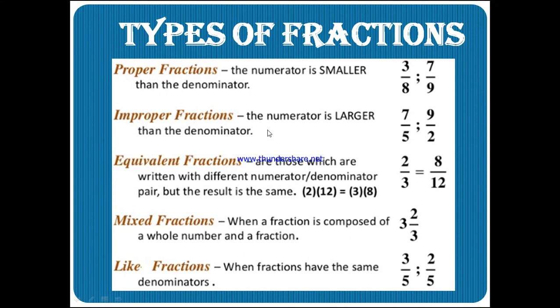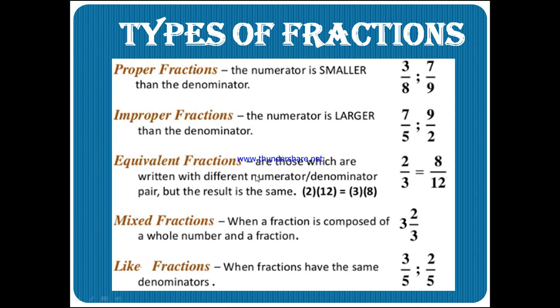Then improper fractions, the numerator is greater than the denominator. See, look at this: 7 by 5, 9 by 2, 10 by 8, 103 by 99. Like this we can list many examples. How will it be the improper fraction? The numerator is greater than the denominator.